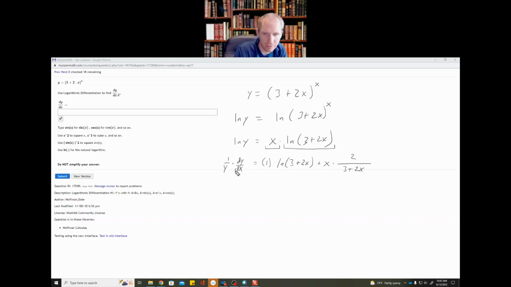Okay, so now I've differentiated. Now I'm going to multiply both sides by y. So on the left, these cancel, so I just get dy over dx. On the right, I get y times the stuff, ln of 3 plus 2x plus 2x over 3 plus 2x.